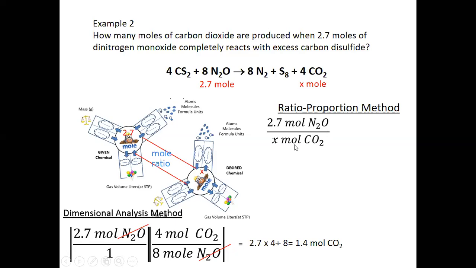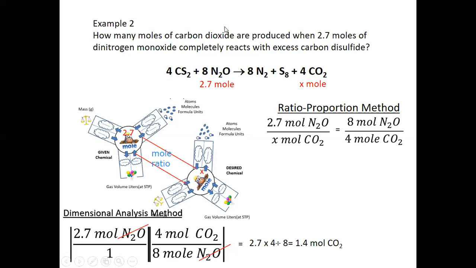Again, we might think about this as a mole-mole style problem. We're beginning with a mole amount, and we are finishing with a mole amount. On the right side, we make the labels match. If it's moles of dinitrogen monoxide on top, it better be moles of dinitrogen monoxide on top again. So our labels match on both the top and the bottom for the quantities.